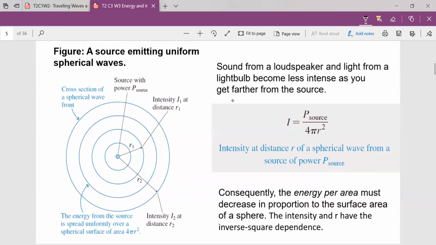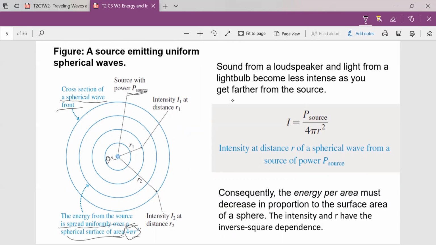So if we have this source with the power P source, we'll have the cross section of the spherical wave front, which is the crest. Then the energy from the source spreads out uniformly all over, and the area of a sphere is given as 4 pi r squared.